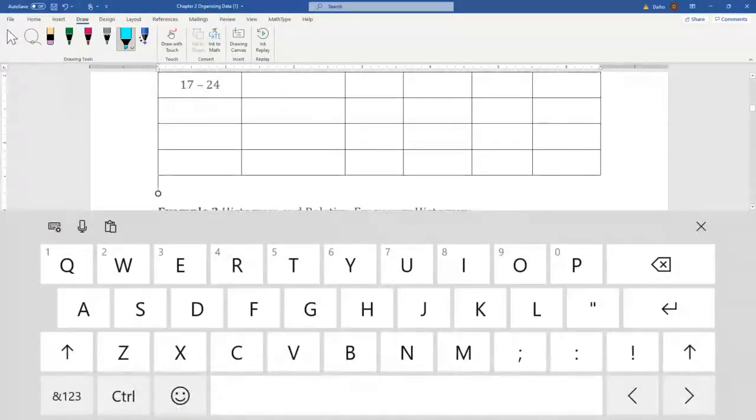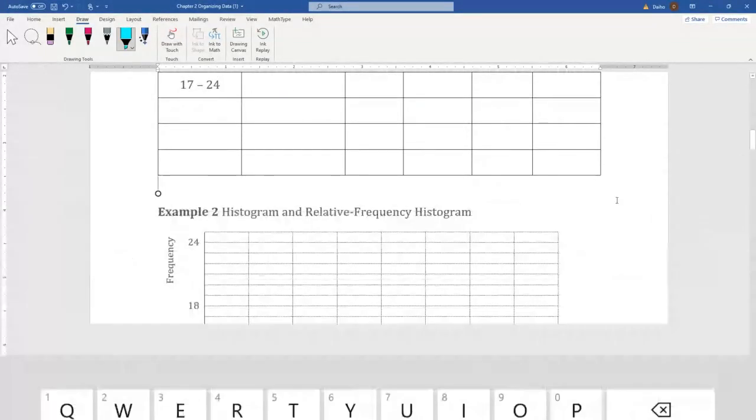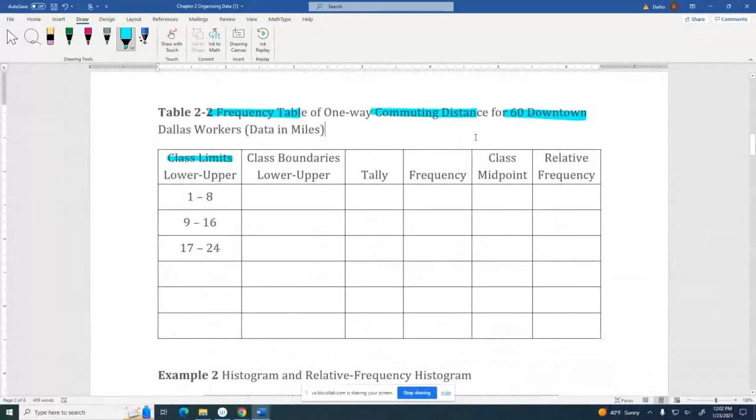First of all, we have to understand what the class limits are. Today we have a variable, distance. It is numerical. When I make the frequency table, we have to classify the numerical variable into some intervals. That will be the classes.